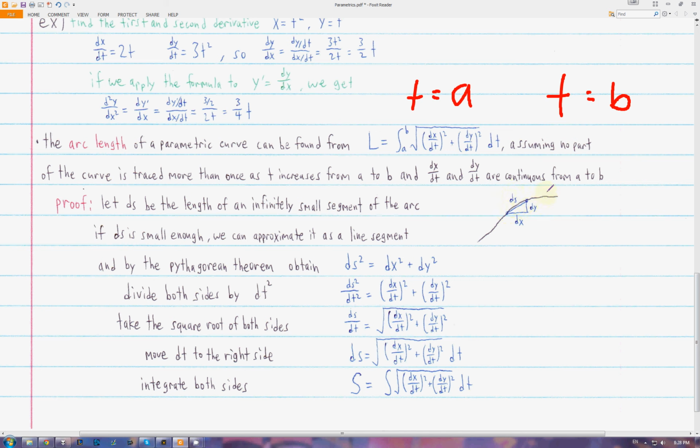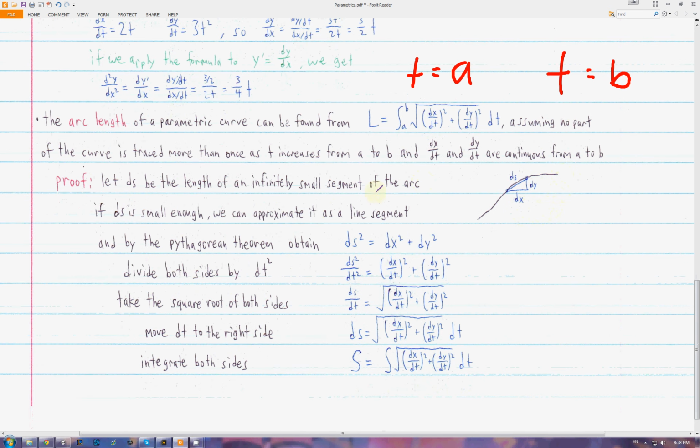We want them to be line segments because it's very easy to find the length of a line segment, since we just use the Pythagorean theorem. As you can see, ds is a hypotenuse, and the two sides are dx and dy, which are very small changes in x and y. By the Pythagorean theorem, we get ds squared equals dx squared plus dy squared.